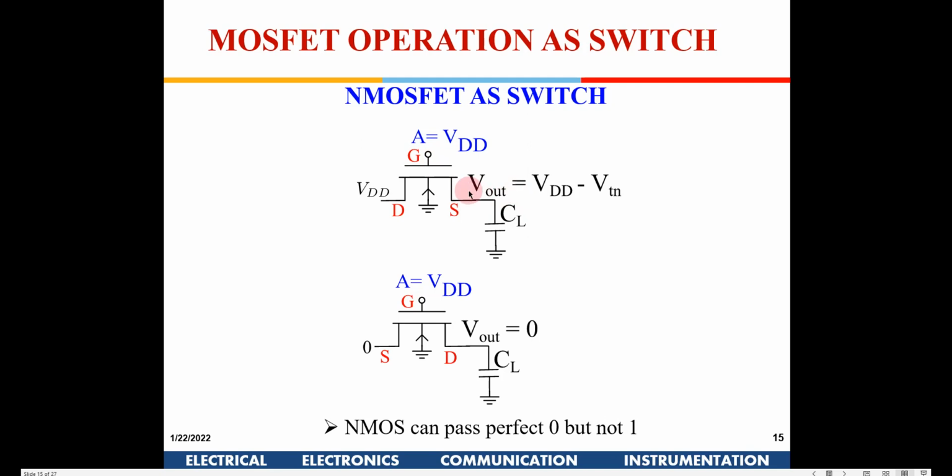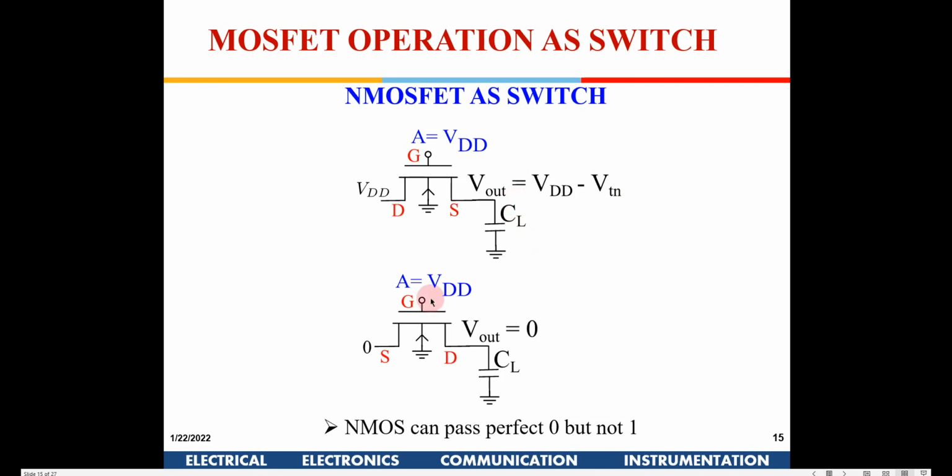So the output voltage gets restricted to VDD minus VTN. That means when we use an NMOS as a switch, we can't use it to transmit VDD or a logic 1, because the maximum output voltage available will be VDD minus VTN, so you don't get a full rail voltage.